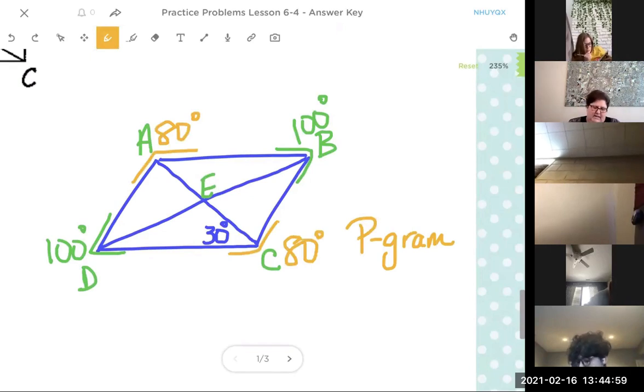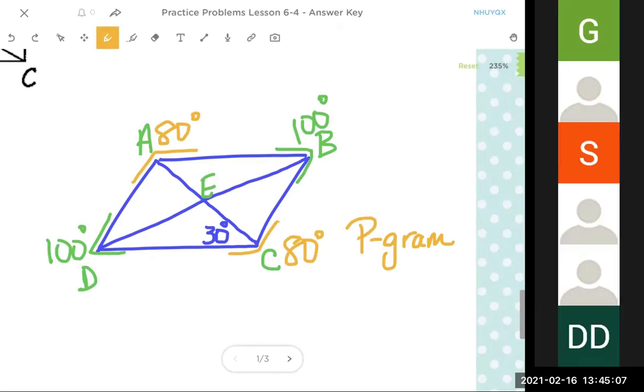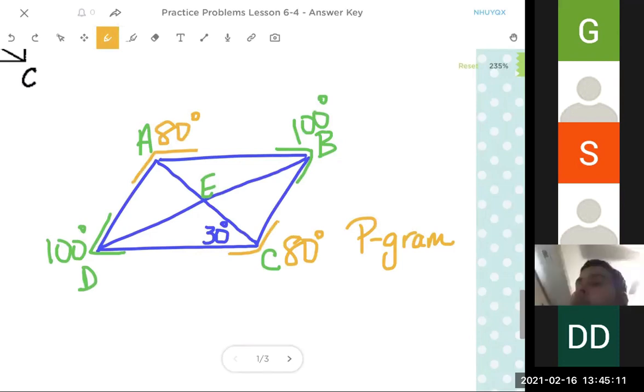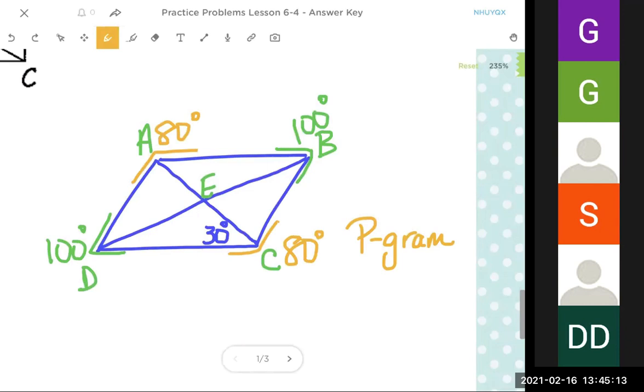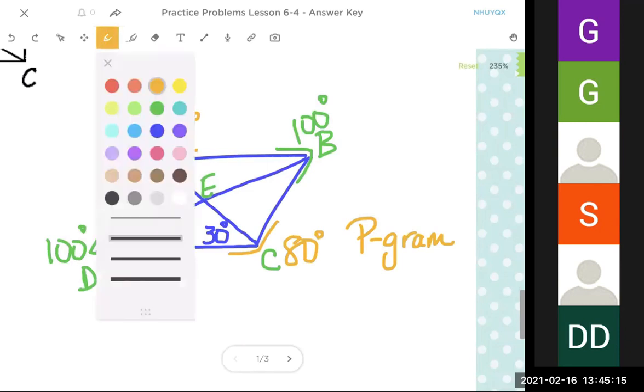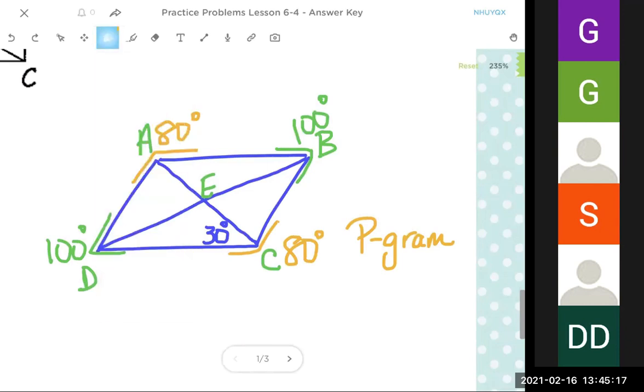Rylan Mitchell, tell me what another angle you could find. It's supposed to be E, but I don't know what it would be.